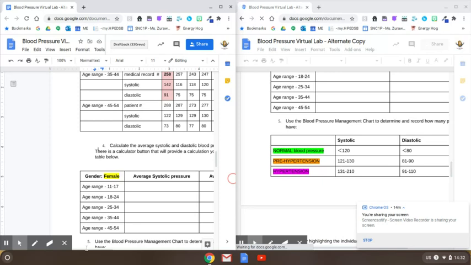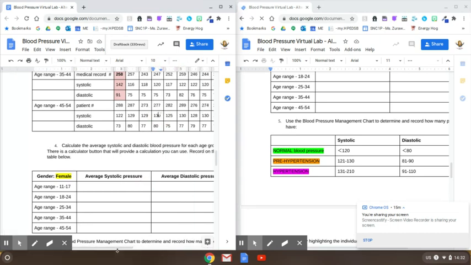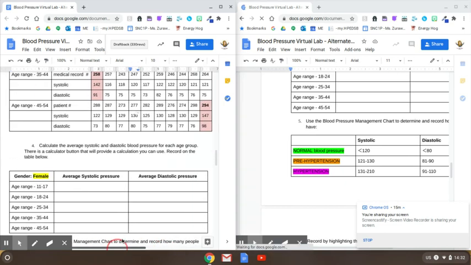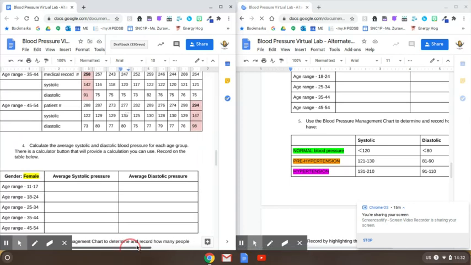Let's see if I can get this chart to pull over. Sorry, my computer's running awfully slow. Okay. Yeah. So here we go. So then what you are going to do is have a look here at the numbers.